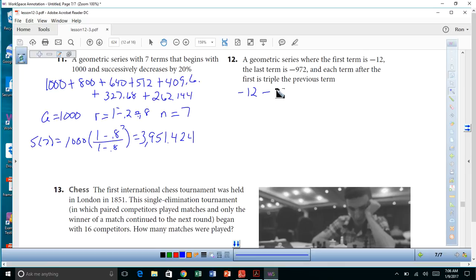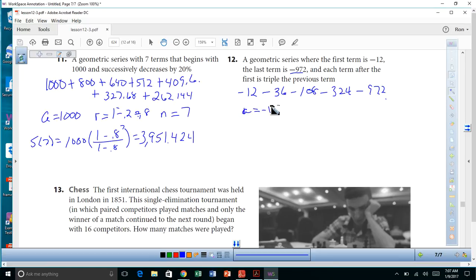Triple, that means 3, so that's going to be negative 36, minus, that's going to be 108, minus 324 and minus 972. Is that it? 1, 2, that's where we were going to, right? So we're done. Now, like I said, you could just add them all up.